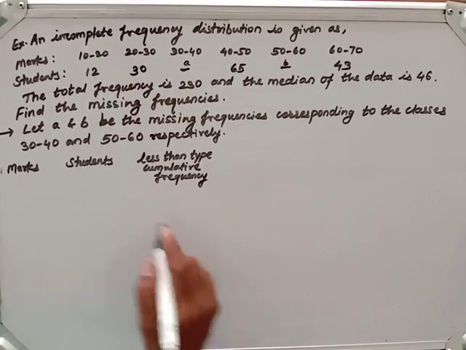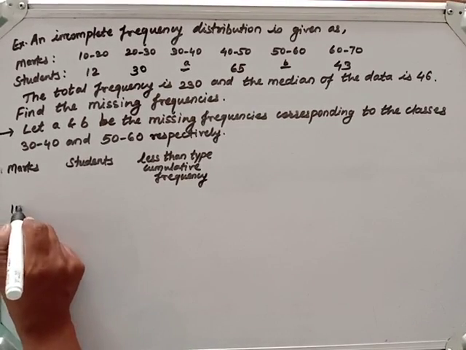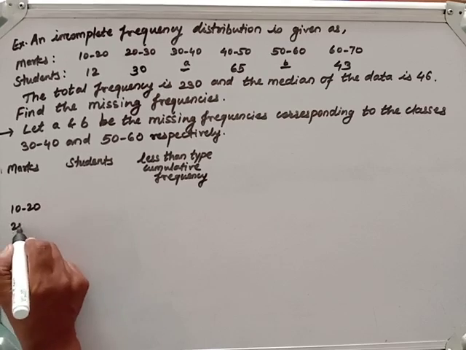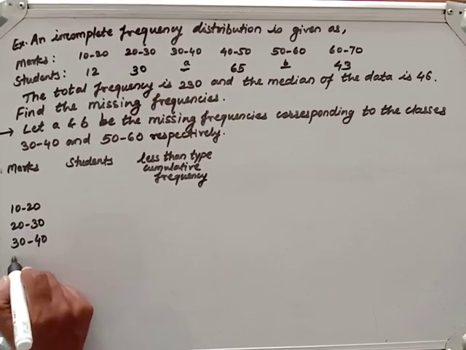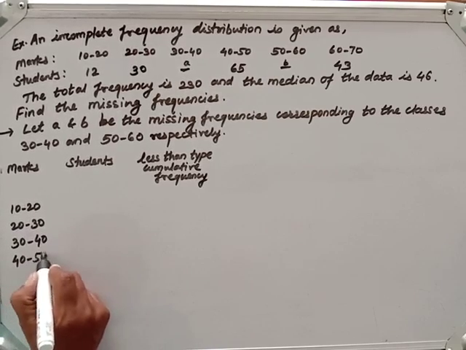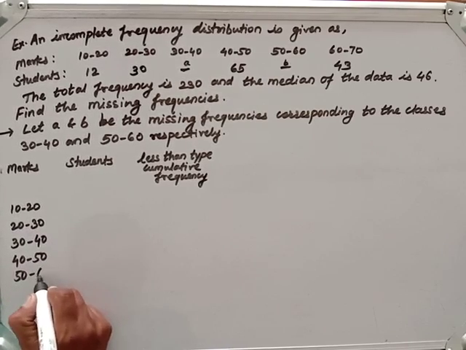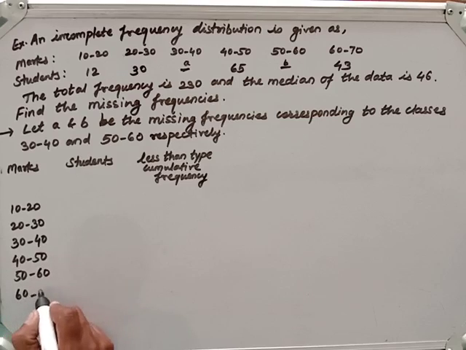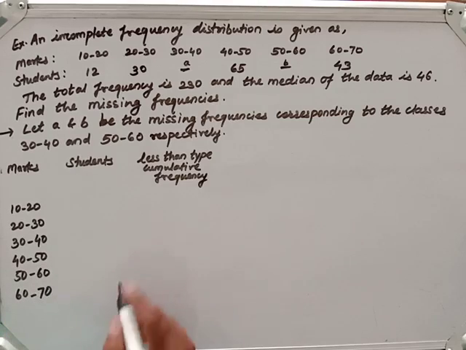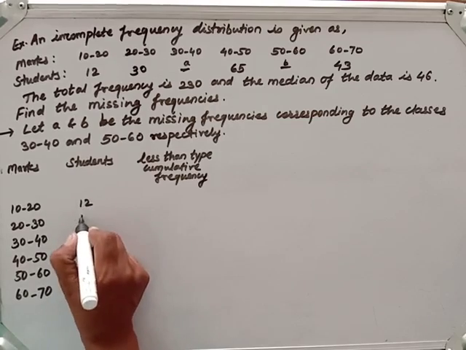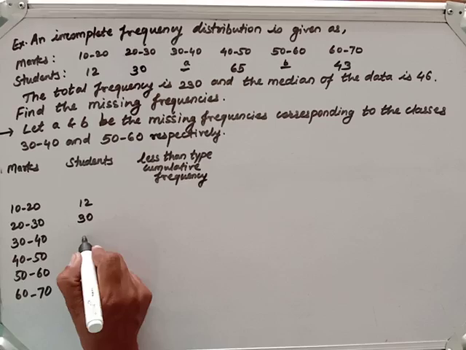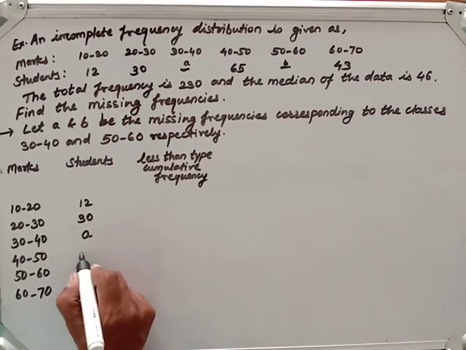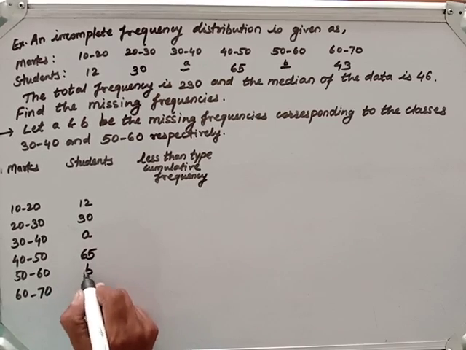So now marks are what? 10 to 20, 20 to 30, 30 to 40, 40 to 50, 50 to 60 and 60 to 70. These are given to us. So students, here 30. Here A we have assumed, here 65, here B is our assumption, and here 43.